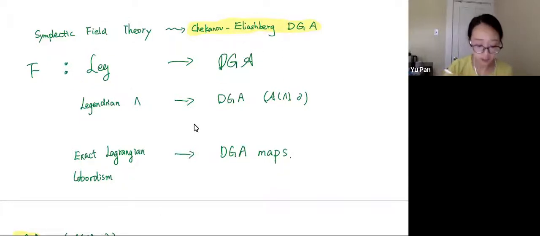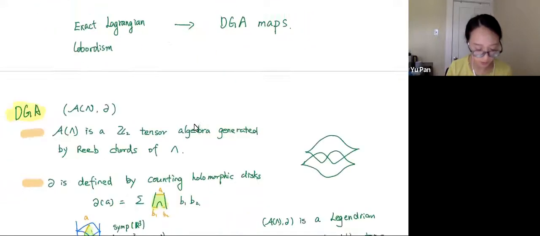That is saying for each Lagrangian, there is a DGA associated to it. And furthermore, for each cobordism, which you can view as maps between Lagrangians, there is a DGA map corresponding to it, which is a very nice structure.